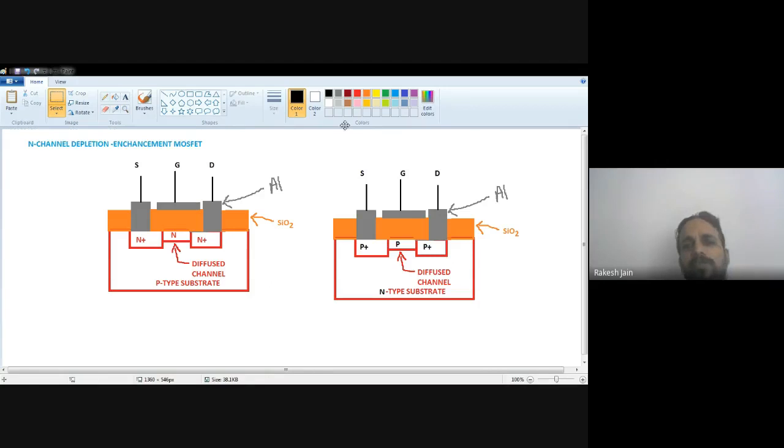As the left hand side shows you the N-channel depletion enhancement MOSFET, this is the construction of the P-channel depletion enhancement MOSFET.